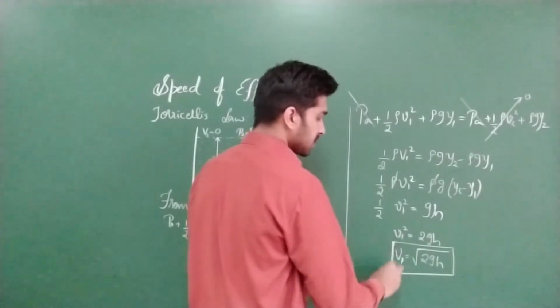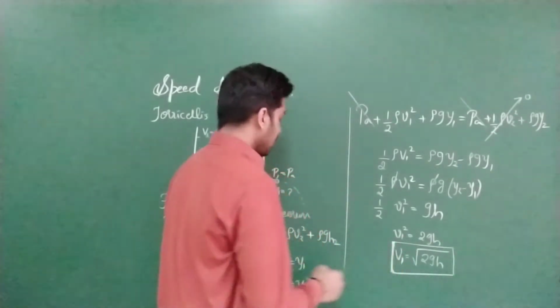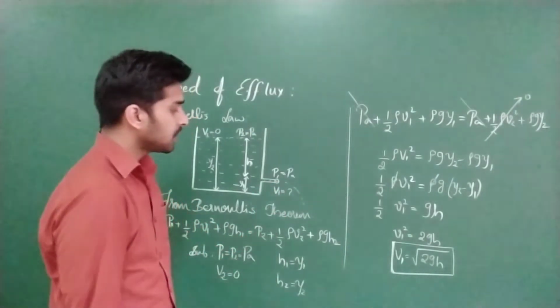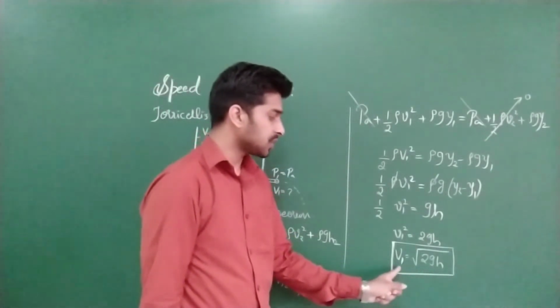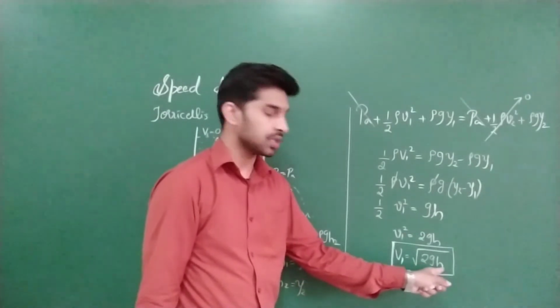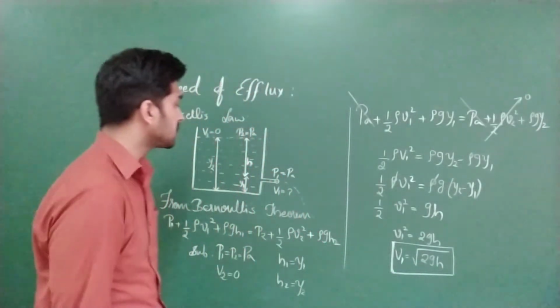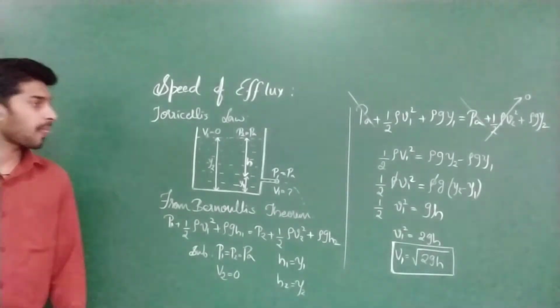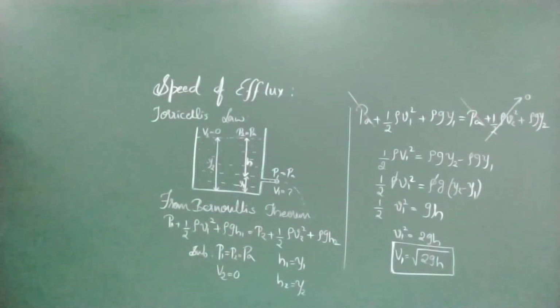And remember it is independent of the radius of this outlet, so this value will be a constant value, under root 2gh. Clear? Shall I erase the board?